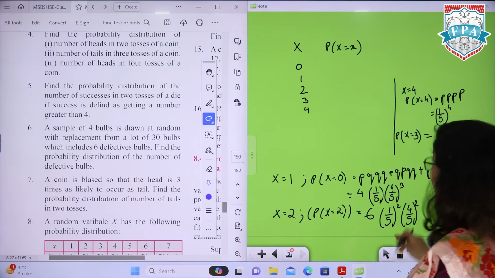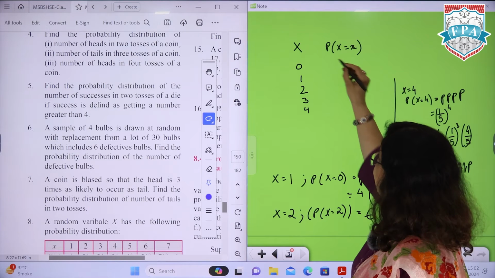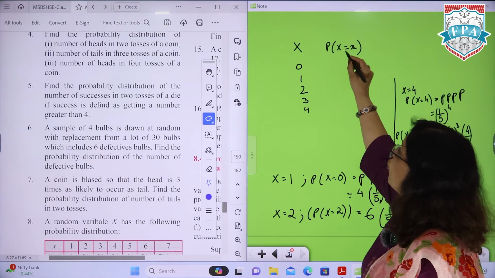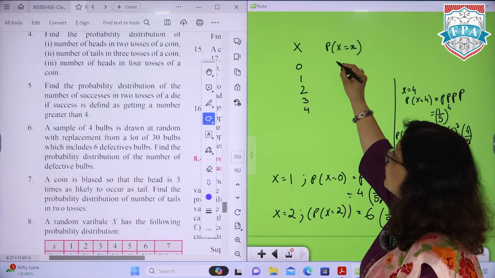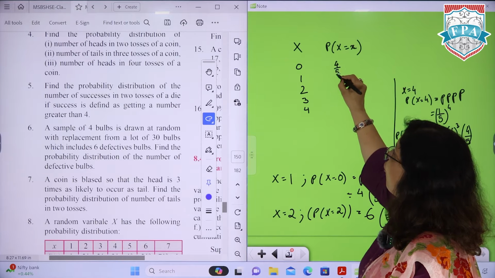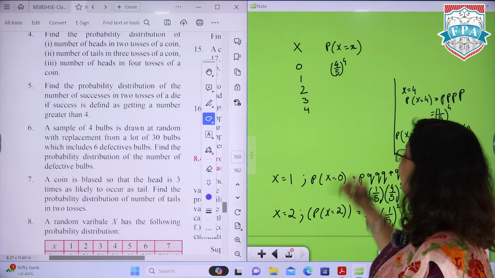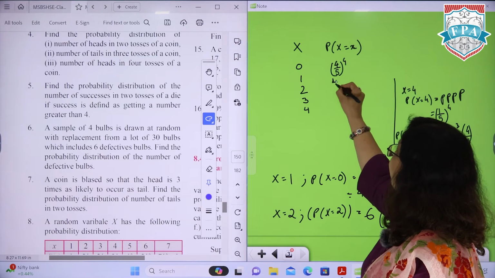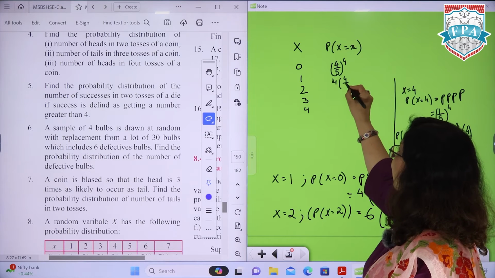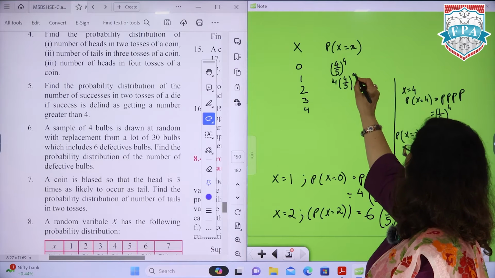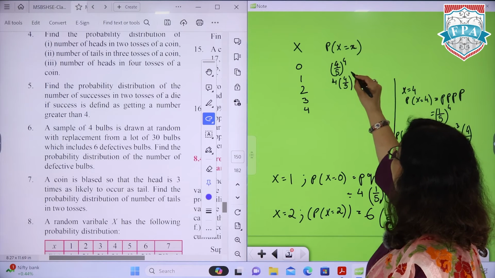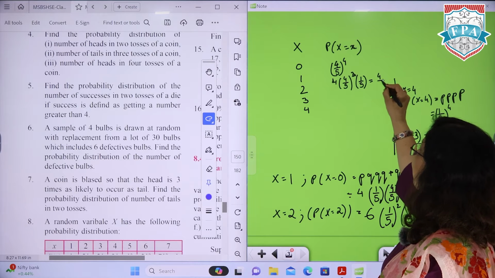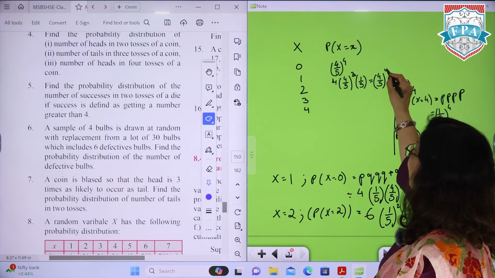So when it is 0, the probability is coming as, because all correct bulbs are there, P of x is equal to 0, which we just calculated is 4 by 5 to the power of 4. P of x is equal to 1 is 4 into 4 by 5 to the power of 3 and 1 by 5, which ultimately becomes again 4 by 5 to the power of 4.